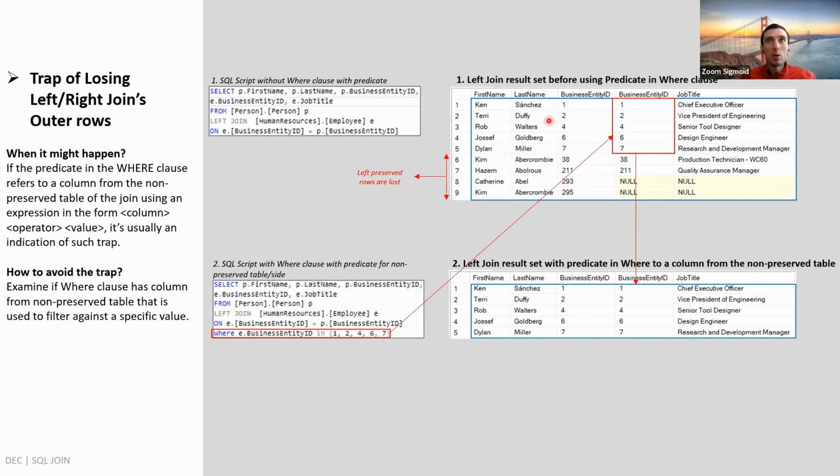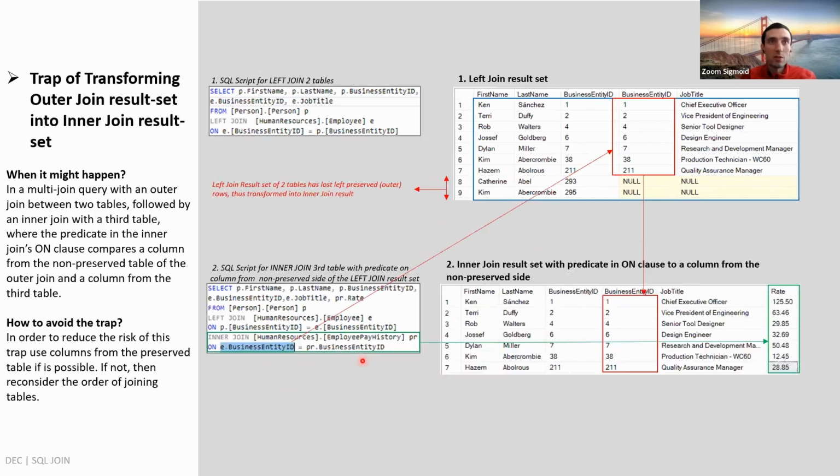Here it's a left join, so the left side is preserved, the right side is not preserved. And if you are using this part, you lose these rows. So when you use an outer join, try to avoid using in the WHERE clause the columns from the non-preserved side.